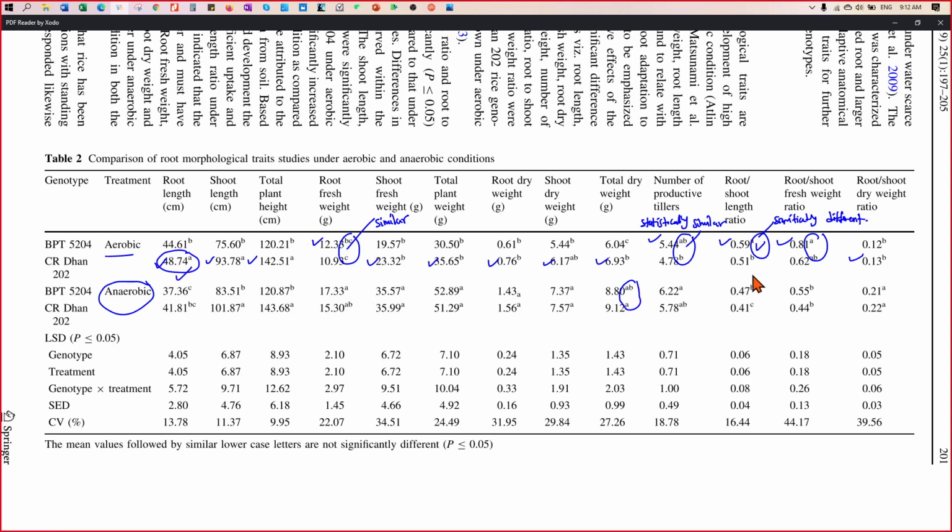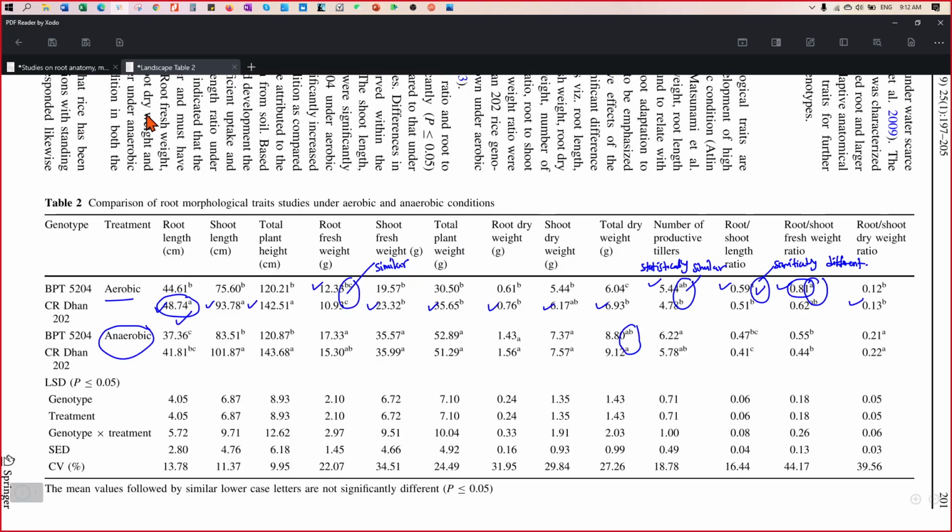But for the root-shoot ratio, it seems like the BPT variety has a bit more. Can this be proven? Let's see what they give us.